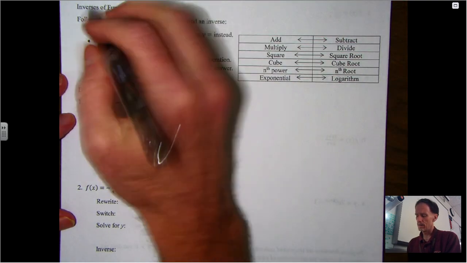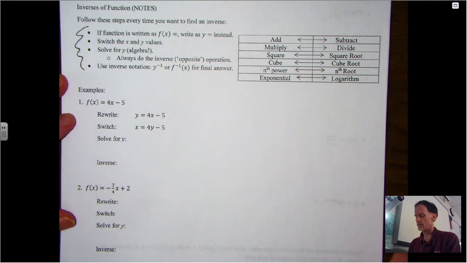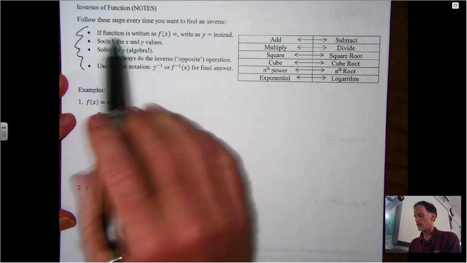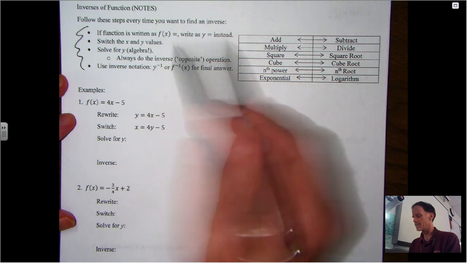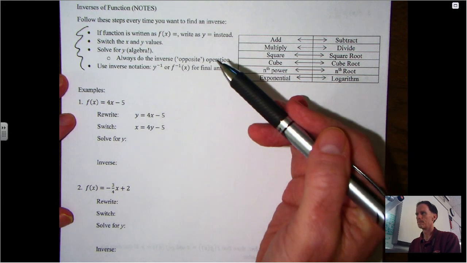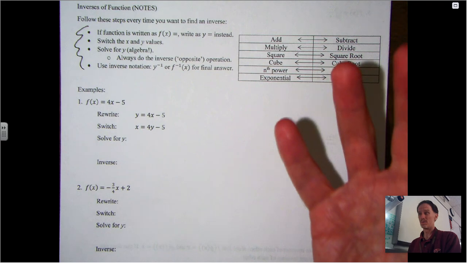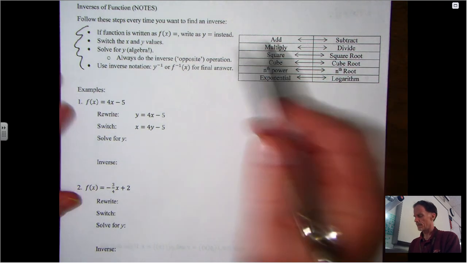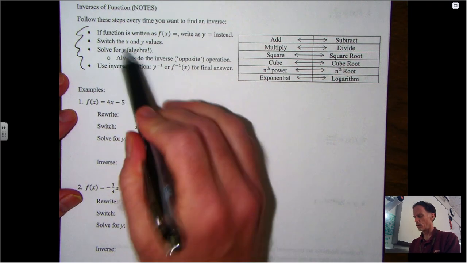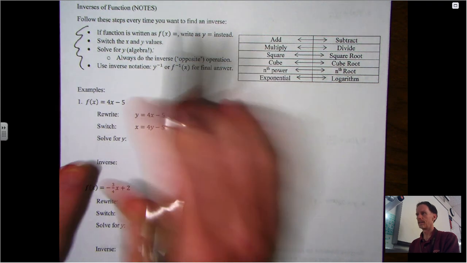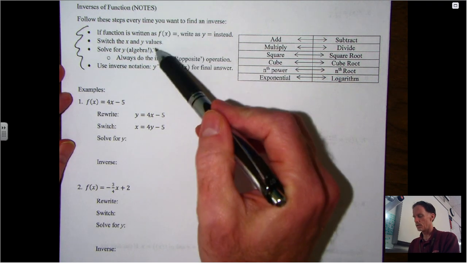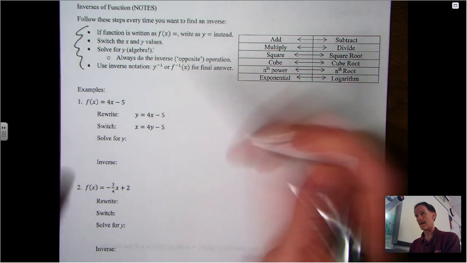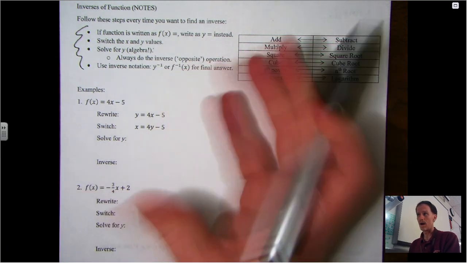And ladies and gentlemen, it is always these steps right here. The easiest way to do it: if a function is written in function notation, the easiest way is to write it as y equals. If it's already at y equals, then you're good. You don't do anything else. Once you have that, you're literally going to switch the x and y values. Once you have those switched, you're going to solve that new equation for y, get y by itself.